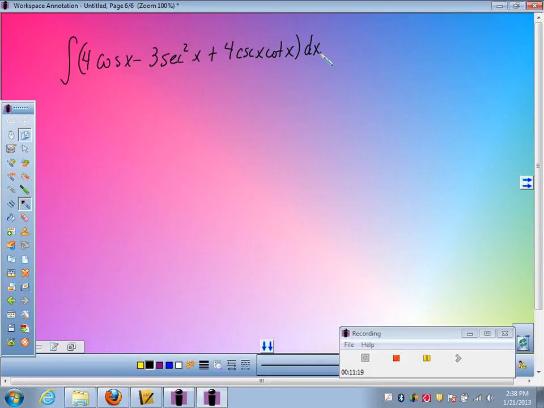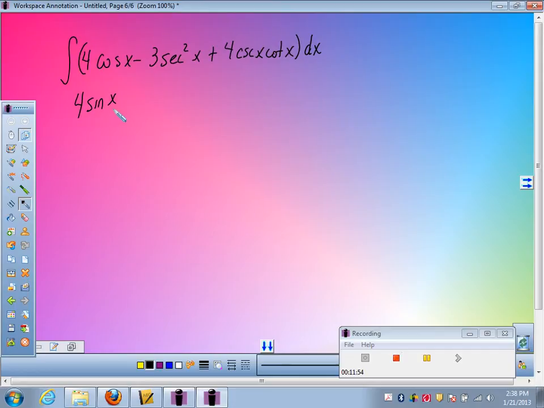And if you recall with trig functions, the numbers in front don't do anything but just sit there. So what do I get if I go backwards on a 4 cosine? It would be a 4 sine. Did you get a co? Is that answer a co? No. Then it's not negative. Then we'll put the plus c at the end of all of it. This is all one big problem.